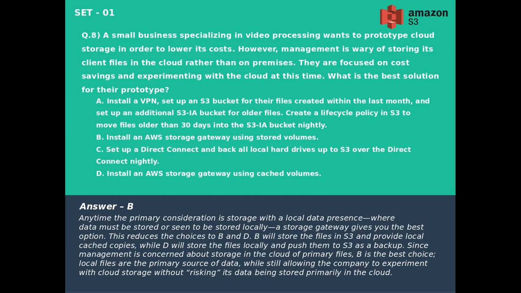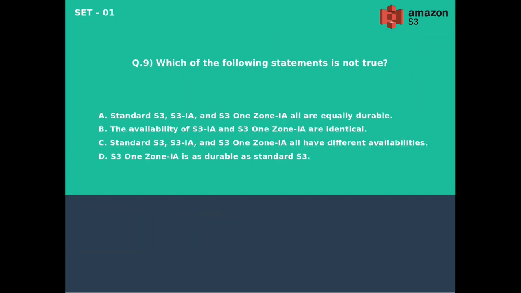Since management is concerned about storage of primary files in the cloud, B is the best choice. Local files are the primary source of data, while still allowing the company to experiment with cloud storage without risking its data being stored primarily in the cloud.